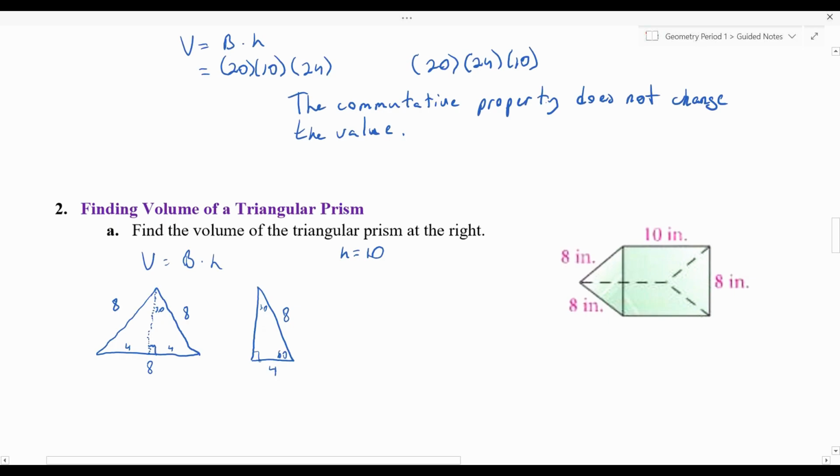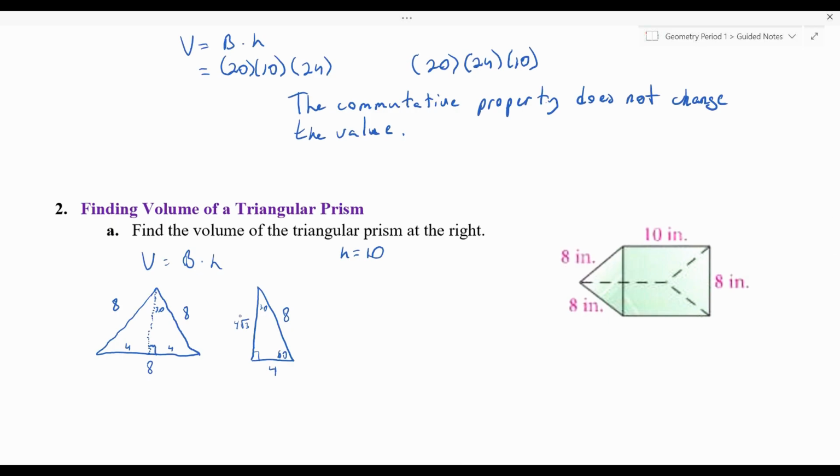So if you remember, since this is the shortest side, the longest leg is going to be the square root of 3 times the shortest leg. So this side right here is going to be 4 times the square root of 3. So now we know what our height is, which is 4 times the square root of 3.